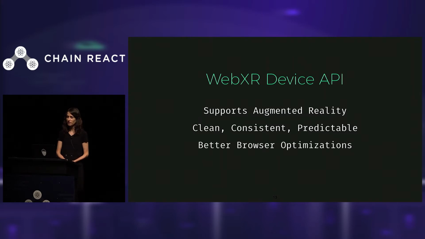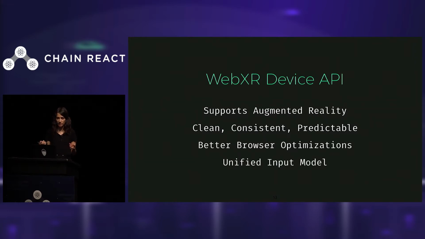For example, they say, I didn't check, that you will get 2 times the number of pixels at the same frame rate on a Pixel Phone XL. And last but not least, the WebXR Device API now exposes a unified input model that works across all form factors. Managing input with the WebVR API and the Gamepad API was always a bit of a challenge, and the new API tries to fix that.